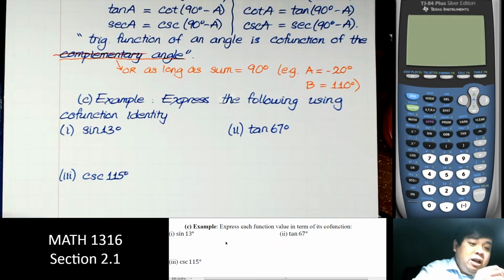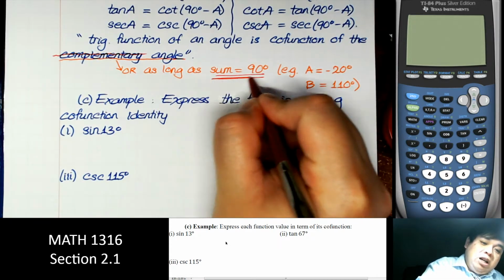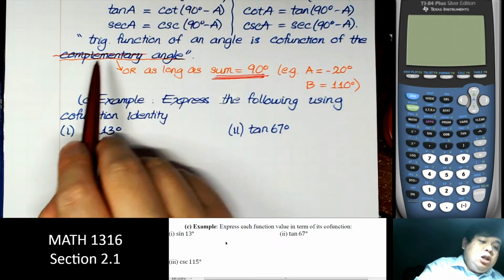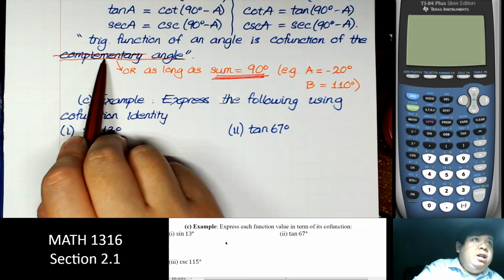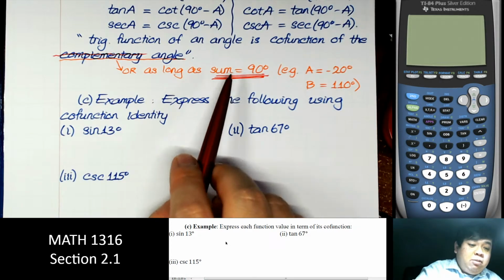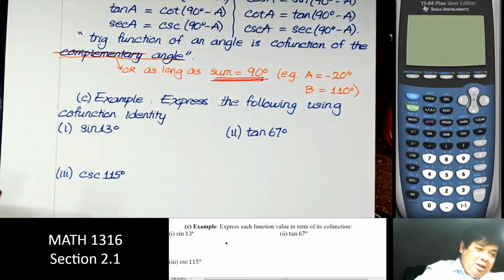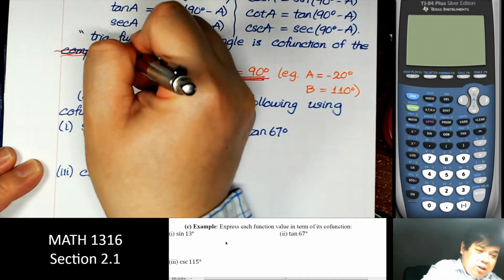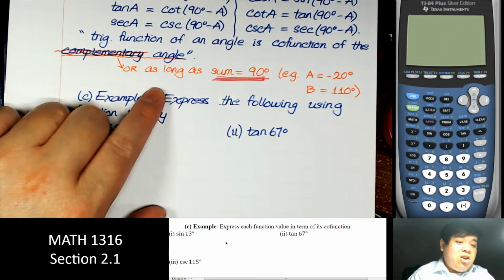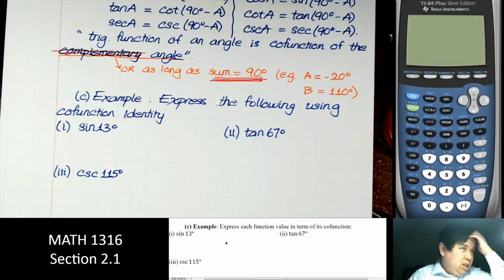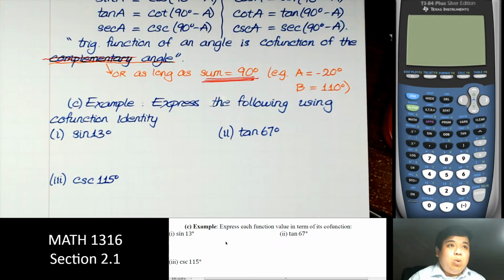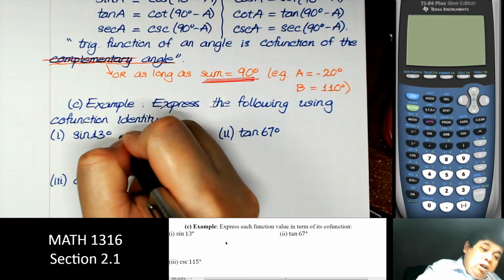But as long as the sum is equal to 90 degrees, this theorem works. Right. So first, using cofunction identity.